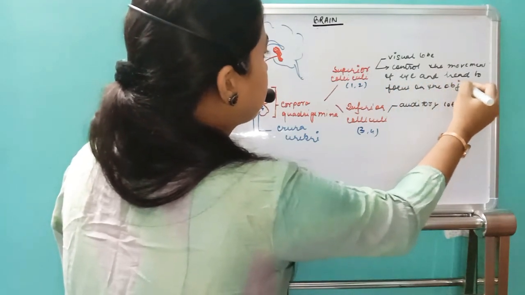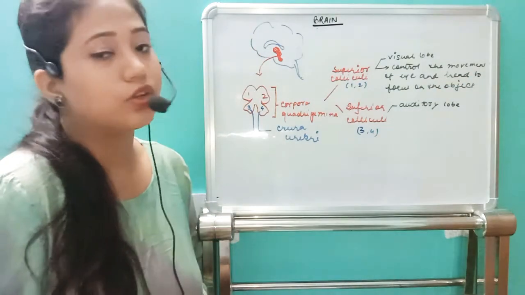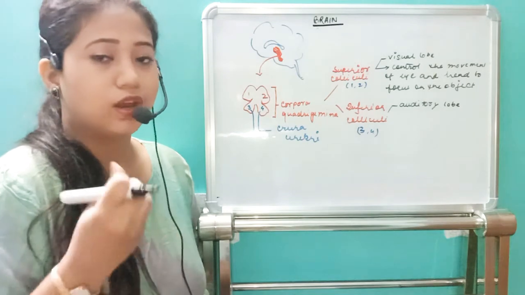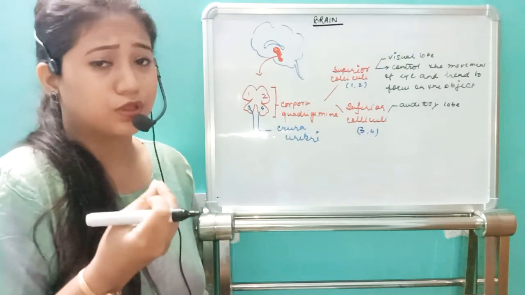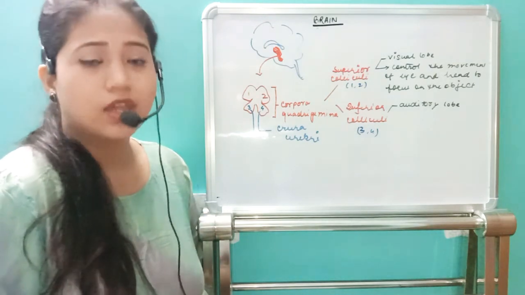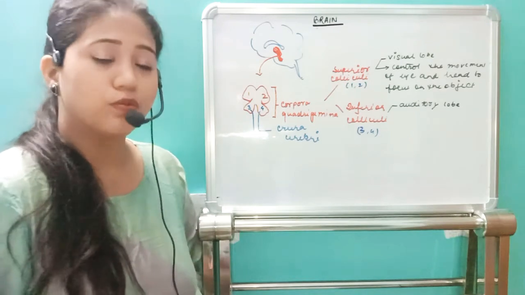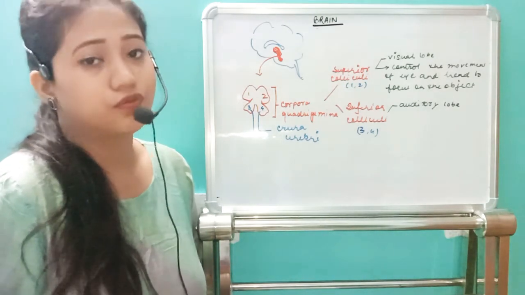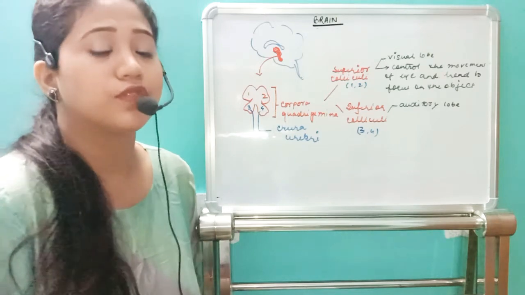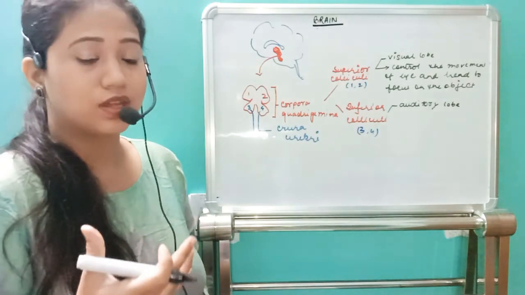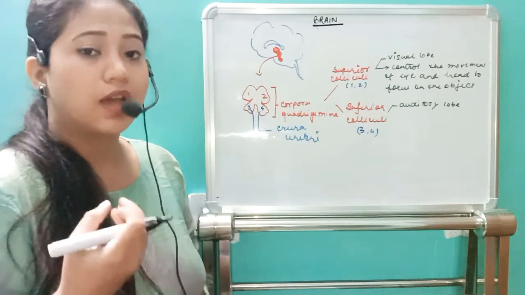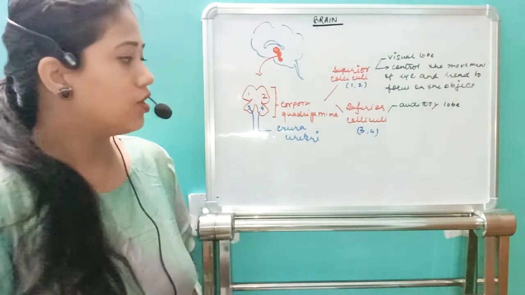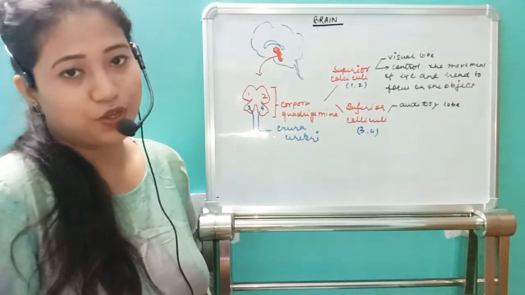This is the function of the superior colliculi, which are also called the visual lobes. There are 2 visual lobes, which control our visual reflexes. It is related to vision. If you cannot focus, then we also move our head so that we can properly focus on that object, right? This is the function of the superior colliculi.